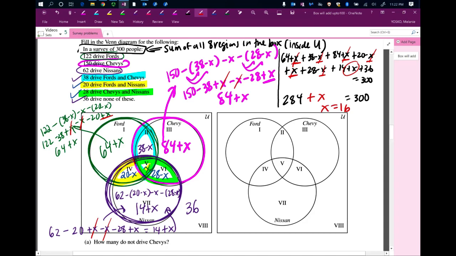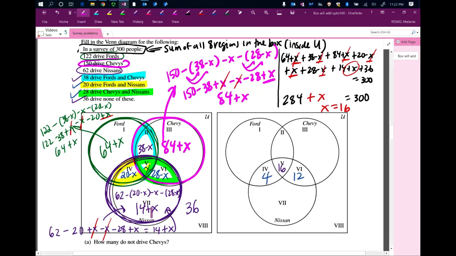Well, where was x? X was the value we put in the very, very middlemost section, right? So that means this is 16. Okay, and then we just go piece by piece. We have 28 minus x, so that's 28 minus 16. So this is going to be 12. Then we have over here 20 minus x, so 20 minus 16 is 4.